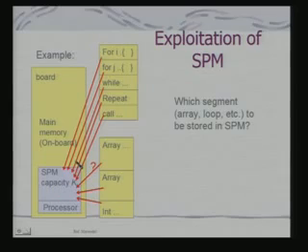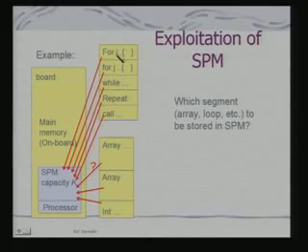Now, how do we exploit SPM? Because if I have SPM, I need to exploit it. I can exploit it if the compiler knows how to exploit it. So the compiler has to be made conscious about the existence of scratch pad memory. Now, how can the compiler exploit scratch pad memory? Your program would consist of various blocks. There can be for loop, while loop, repeat, call, data structures, there can be arrays.